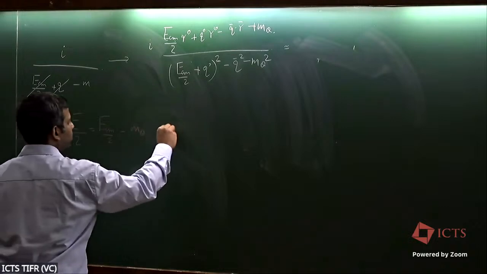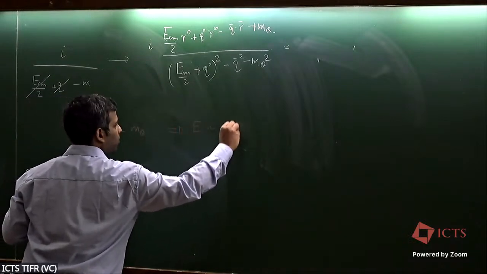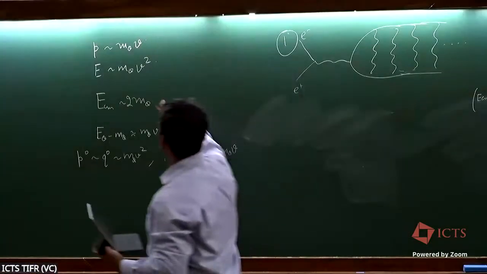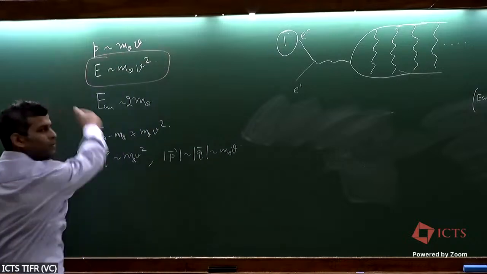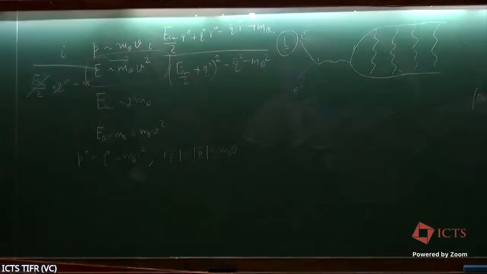If I do this, then my E scales as mqv square, which is what I have written here. Just to put you on the right track.